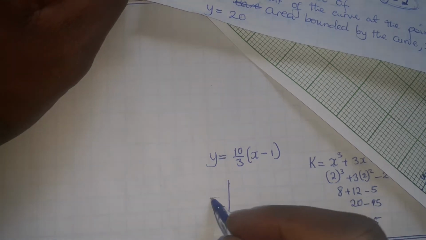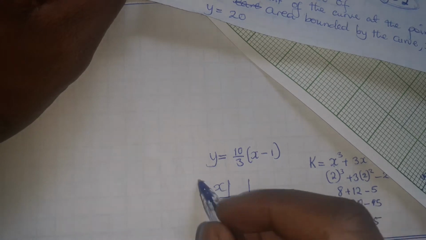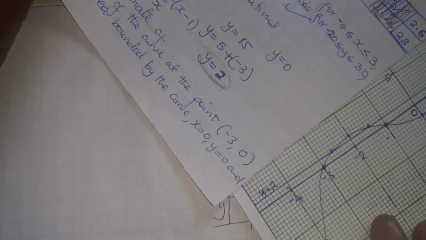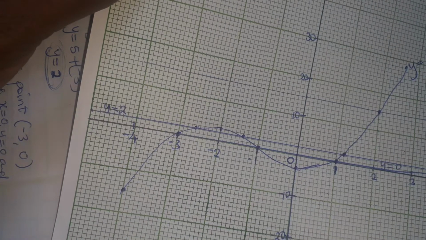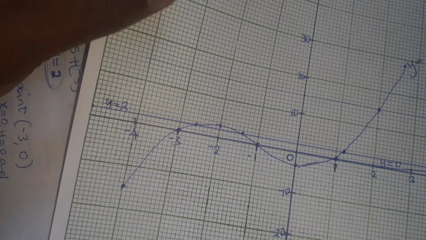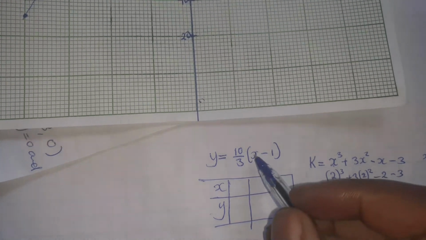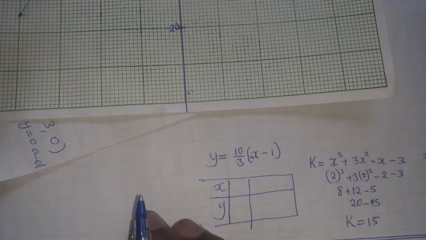So how do we draw such equations? We come up with a table of coordinates. I always say 2 are enough. So here we need to examine which ones will not give us decimal numbers. I want to avoid decimal numbers. So here, if we put -2, what are we going to get?